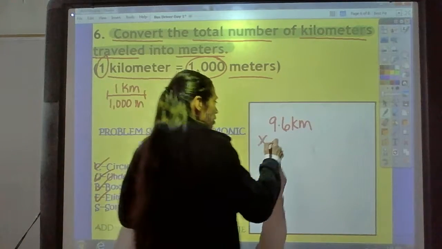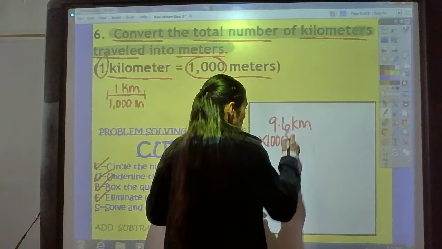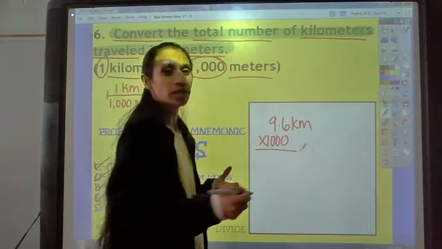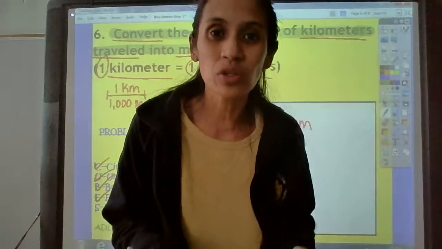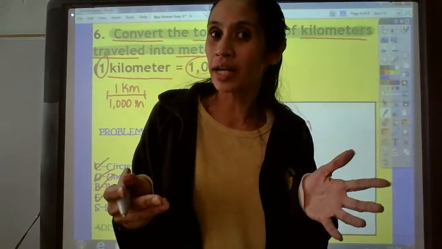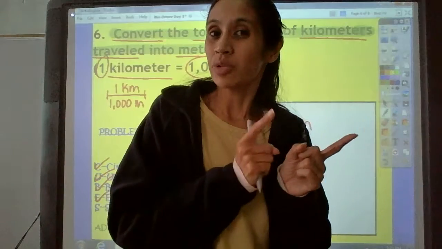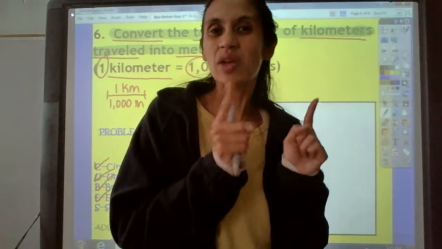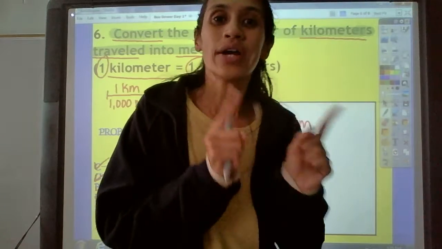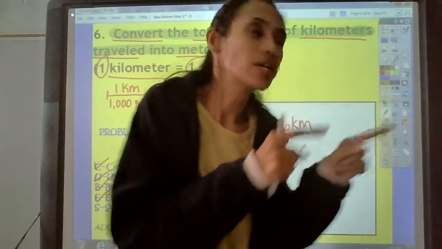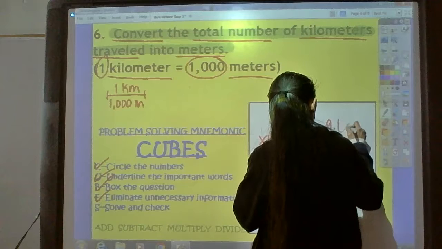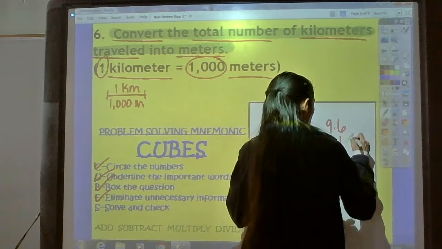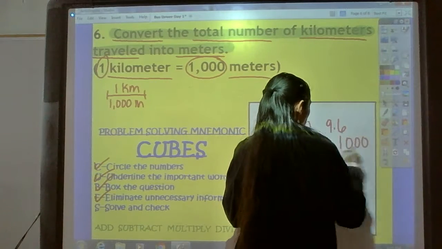Now, I could write it this way, but I'm going to do the short way, because we know zeros like to roll and hang out on the end. So I'm going to write 9 6/10 times 1,000 that way.